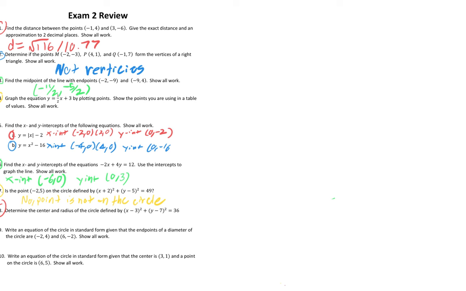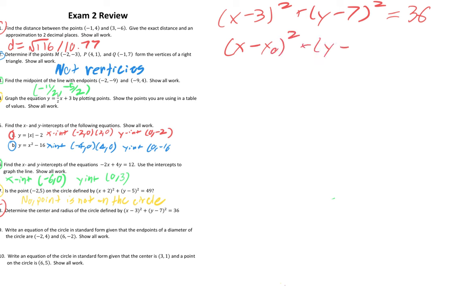So looking at number 8, we want to determine the center and radius of a circle defined by (x - 3) squared plus (y - 7) squared is equal to 36. So we know our equation is (x - x0) squared plus (y - y0) squared is equal to the radius squared, where x0 is the x of our center and y0 is the y of our center.